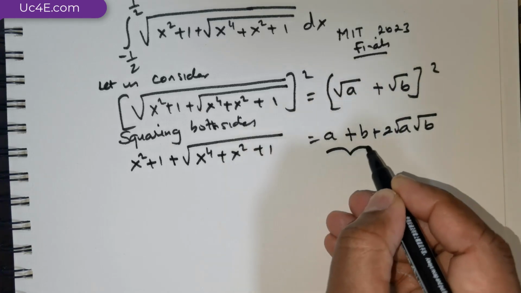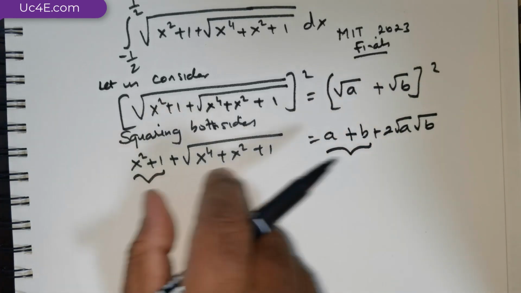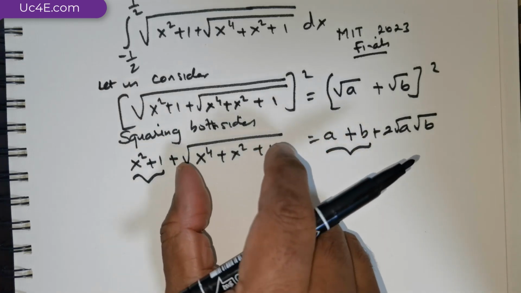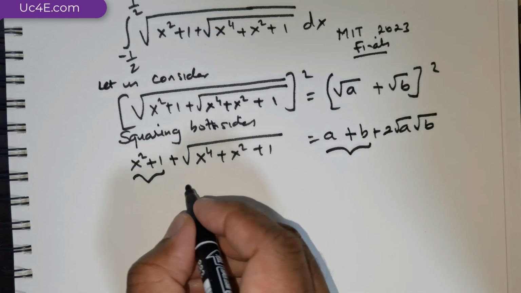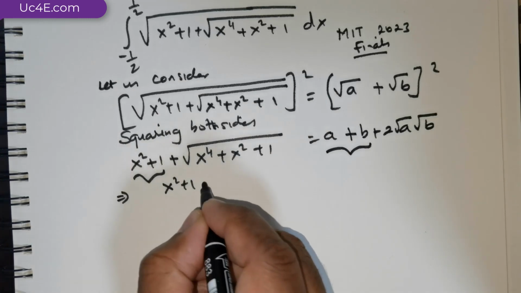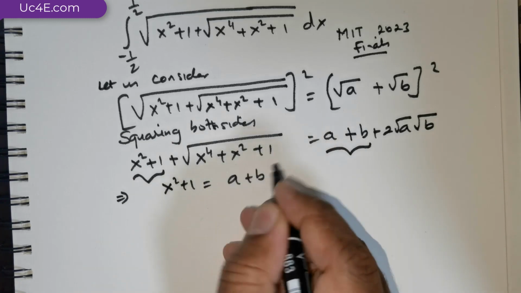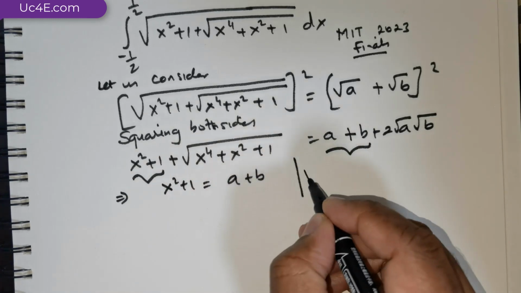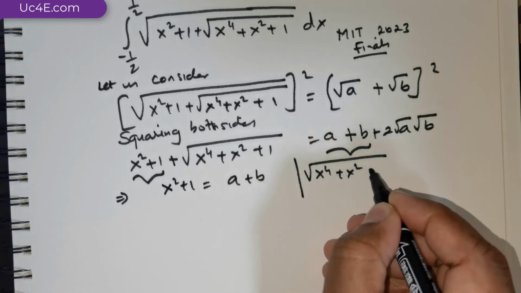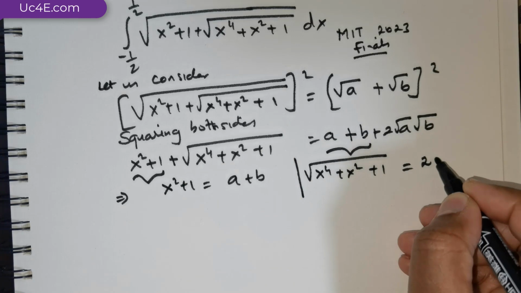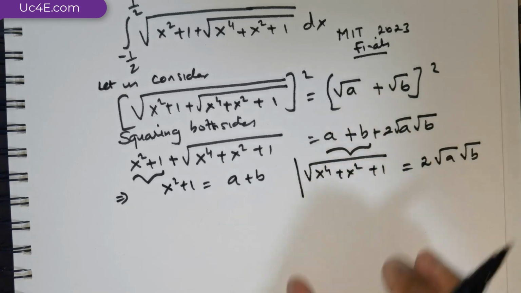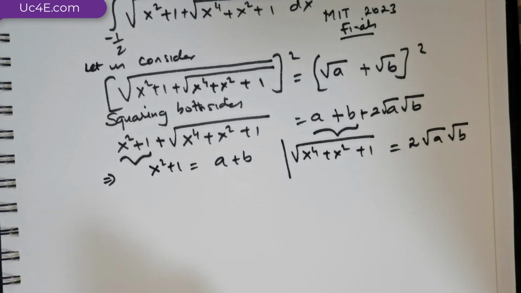Now I would like to equate quantities without square root and quantities with square root. So this gives me x squared plus 1 equal to a plus b on one side, and the square root of x to the power of 4 plus x squared plus 1 equal to 2 times root of a times root of b on the other side. So this is what we have got.